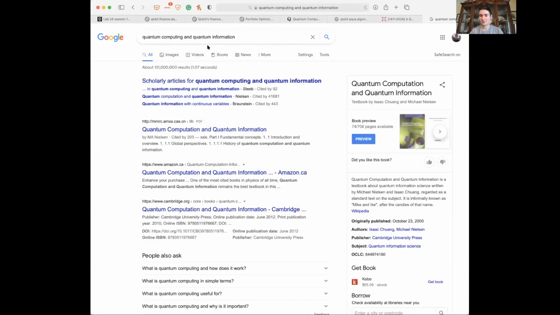Sorry, I forgot what it was called for a bit. It's called Mike and Ike because of the authors, Michael and Isaac, Mike and Ike. Anyway, this is a legit textbook. This is like a university level textbook, so it can be hard to get through. But if you want to take the next step and start learning more details behind the math and the concepts that we taught in this course, this book goes into a lot more detail.